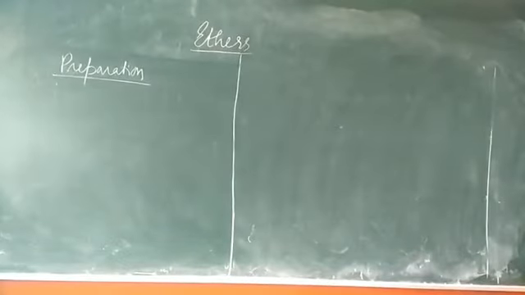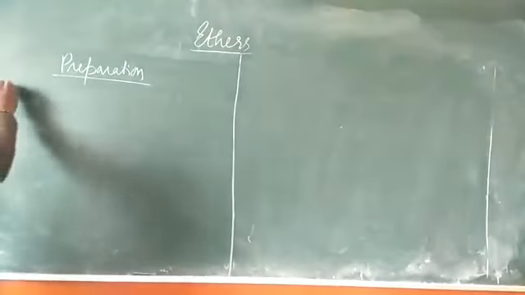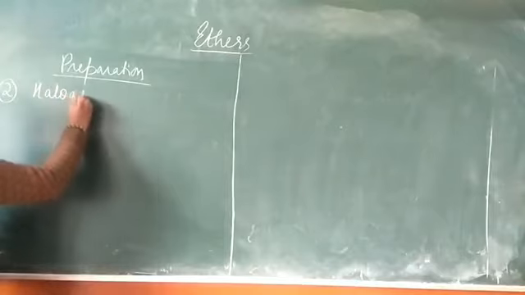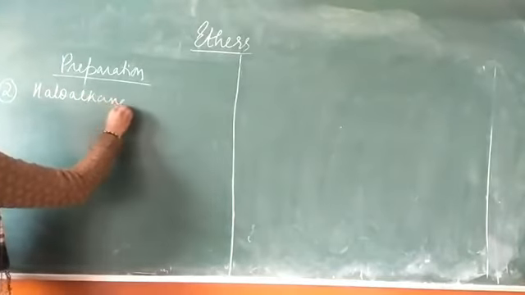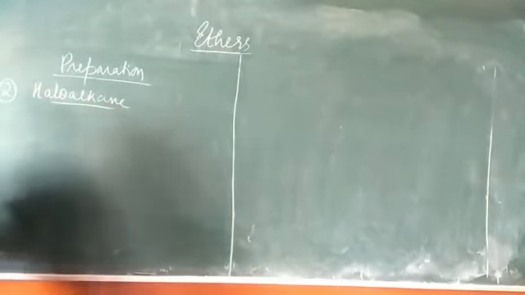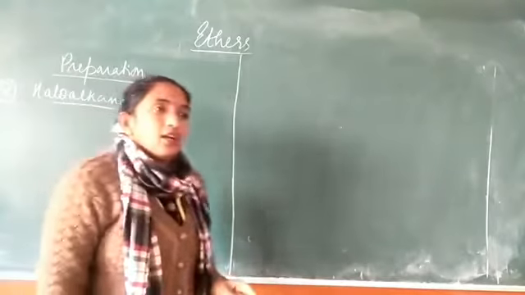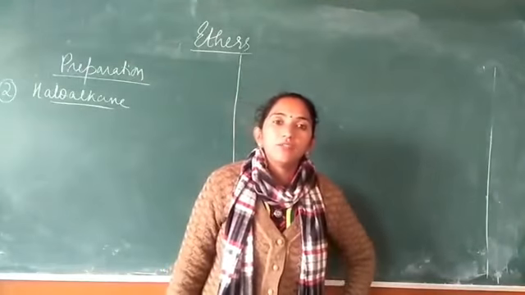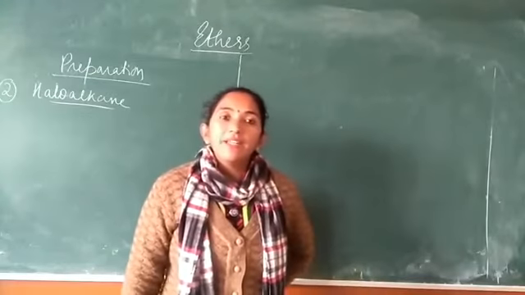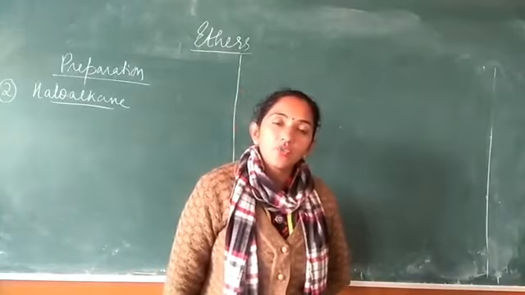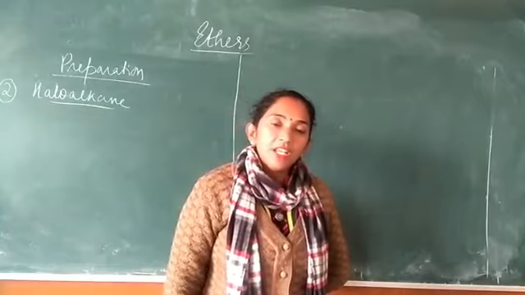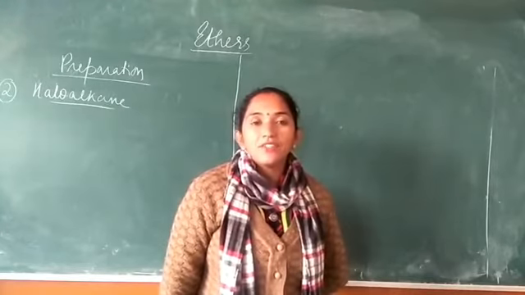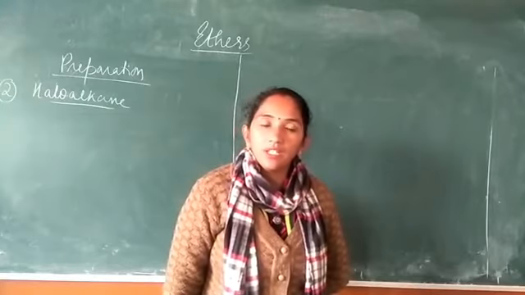Yes, students, now the next preparation is from haloalkane. Before this, we discussed the preparation of ether from alcohol by acidic dehydration. It is only with primary alcohol that we can get the ether by acidic dehydration at 413 Kelvin.